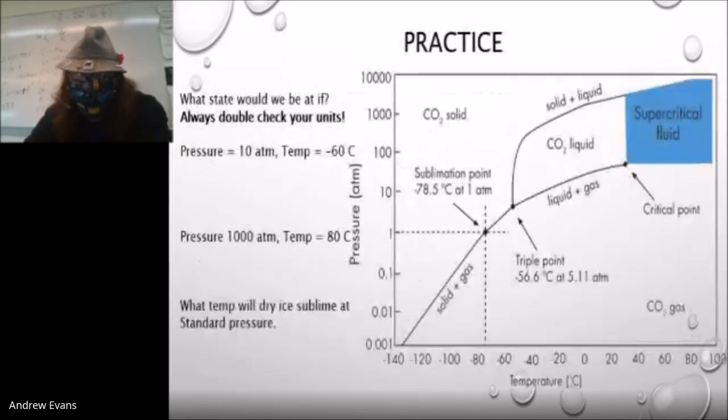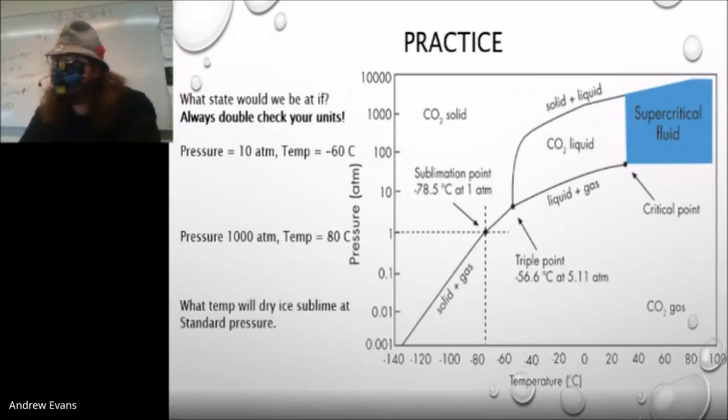So what will these phase diagrams be used for? Phase diagrams get used for various easy questions, like what is the phase at these units, or if I went from this to this transition, what phase would I end up at, or what is the critical point, or what is the triple point, or where do these occur?